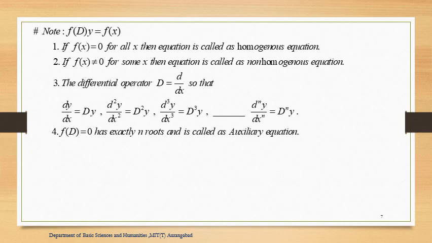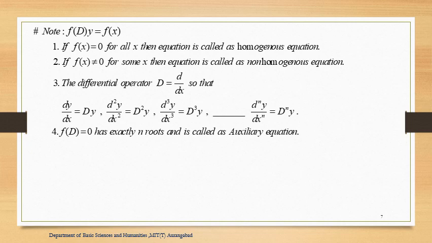Second point is if f of x is not equal to 0 for some x, then the equation is called a non-homogeneous equation. If your equation is non-homogeneous, then the general solution of the given linear differential equation is complementary function plus particular integral. That means in case of a non-homogeneous equation, we have to find the complementary function as well as the particular integral.